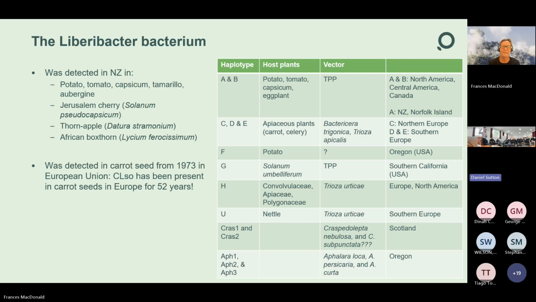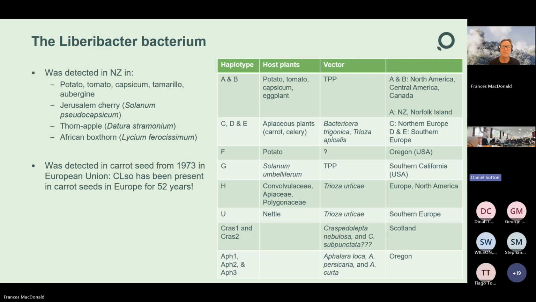And not all of them attack potato. So we've got A and B, and recently there was F as well that can live in potato. For F, they haven't seen any symptoms yet, but A and B, we know that they produce symptoms. We've got A here that produces zebra chip disease. B is a lot more severe apparently in the United States, so it has more of an effect on the plants.